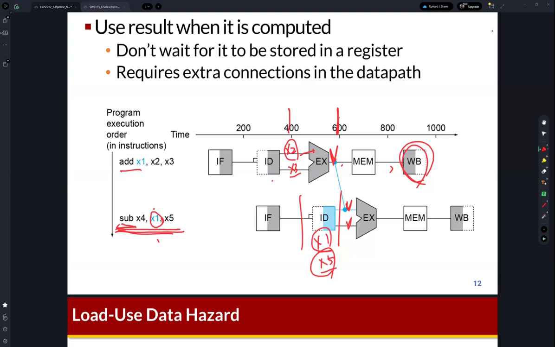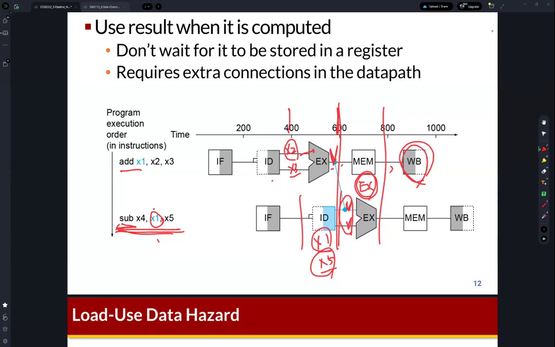This point represents the early part of the EX stage, right? So what does that mean?